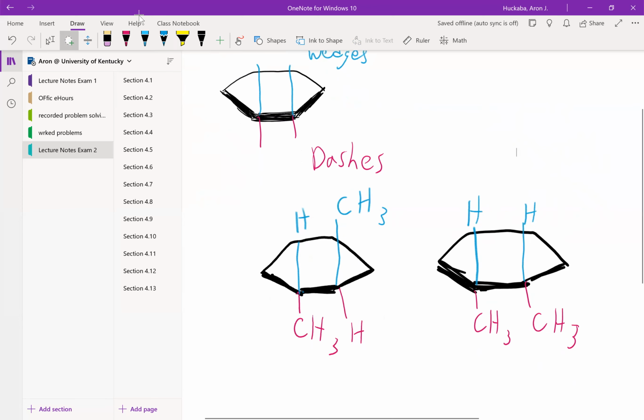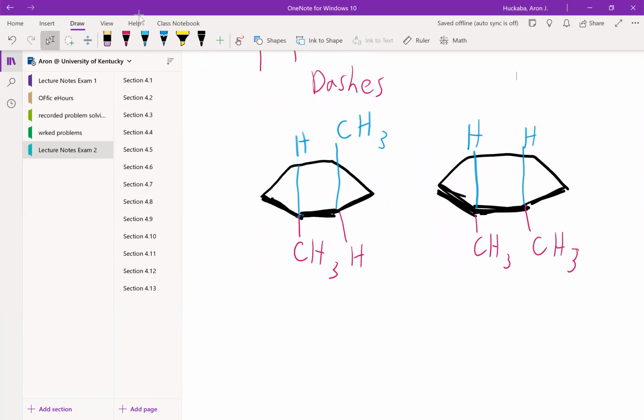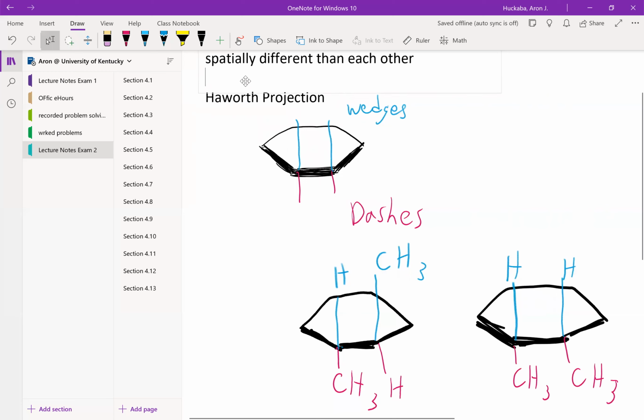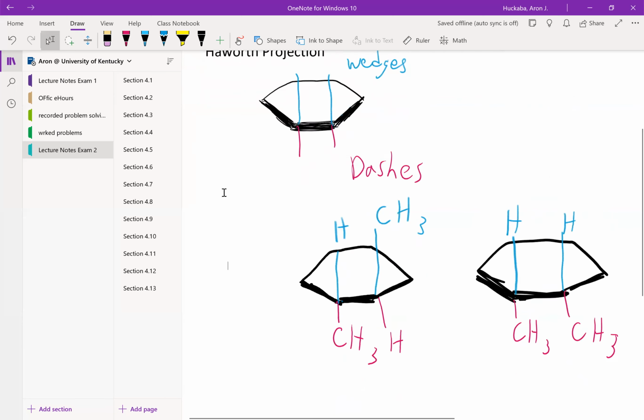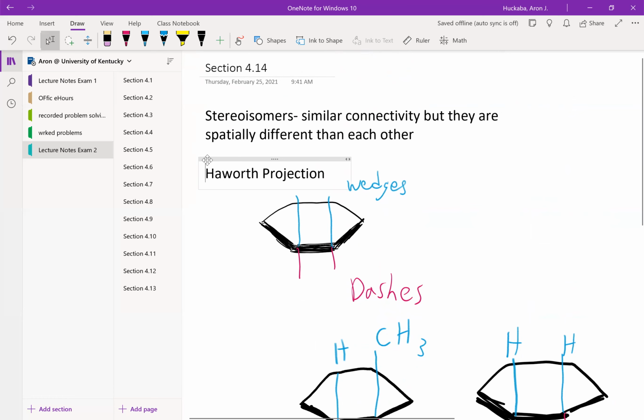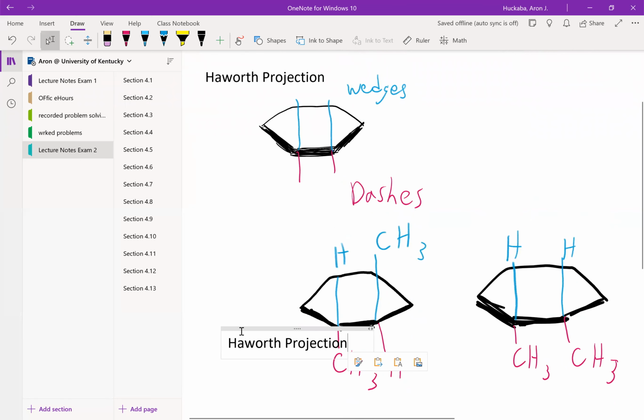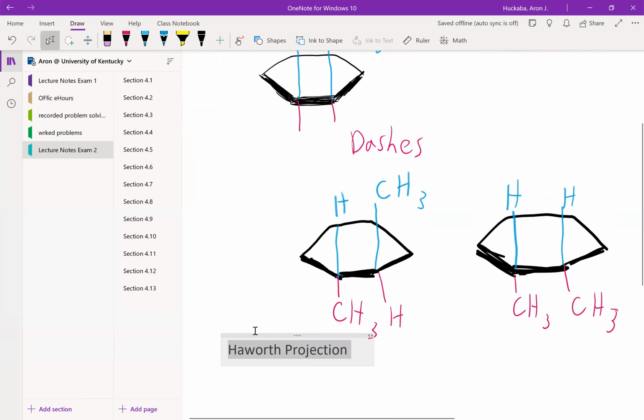And we would call the type of molecule where one substituent is up and one is down, we would call that the trans isomer because they are on different sides of the projection there.